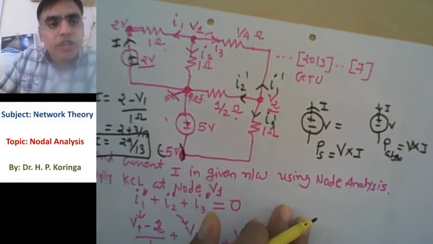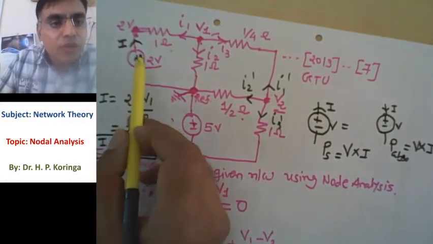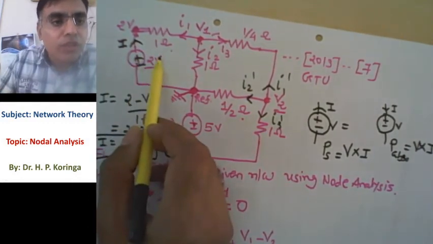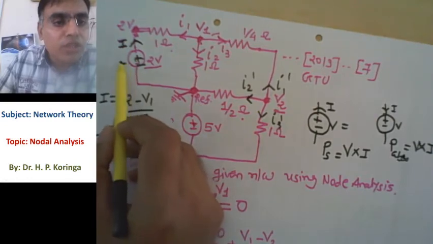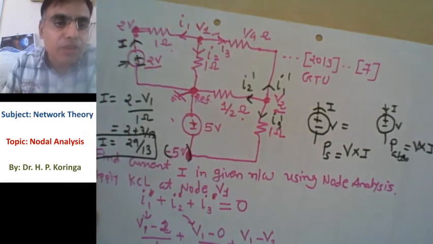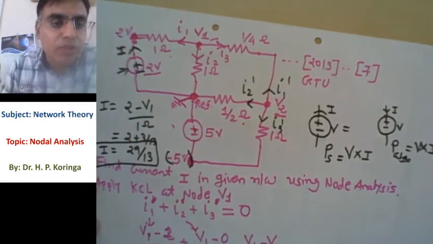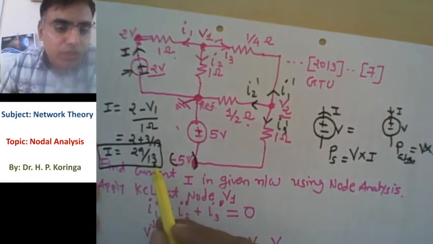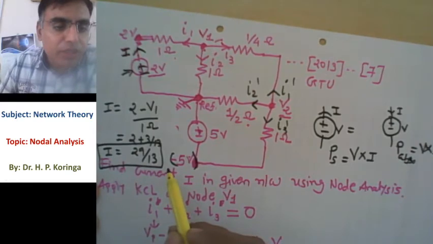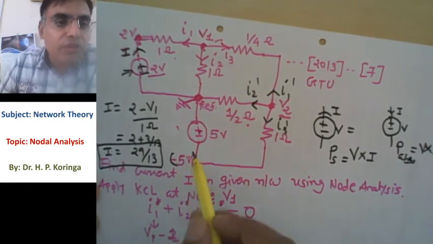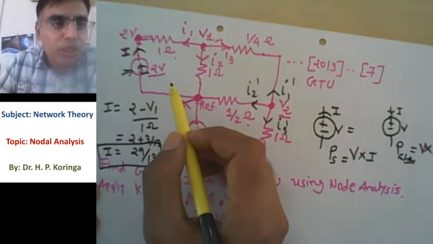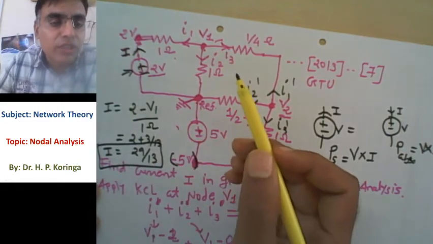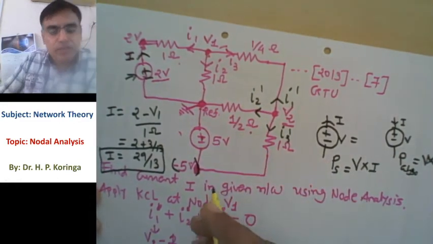Right? So here we can say the current is coming out from the positive terminal of the voltage source. That means this voltage source is supplying the power to the network, and the value of supply power is I multiplied by 2, so it is 29 divided by 13 multiplied by 2. It is the power supplied by this source. If the same question is asked in another way, we can find it too.